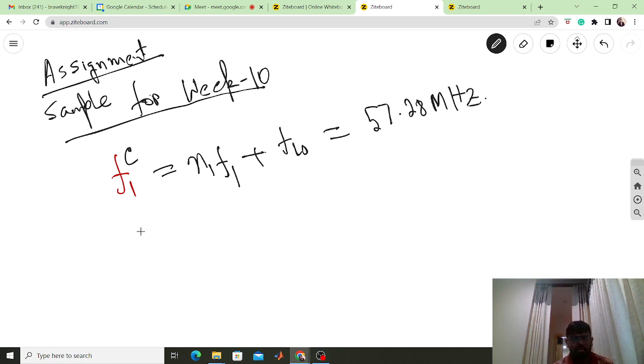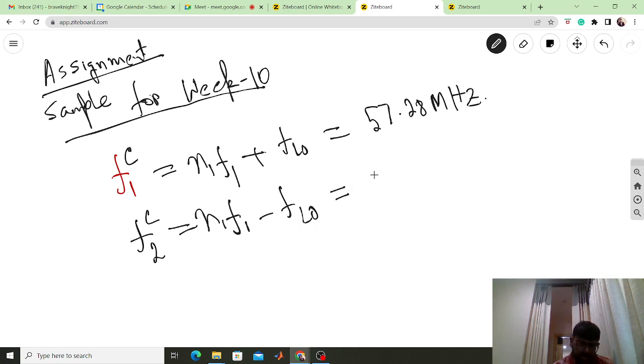Just check with your calculator once. The other one, F2C, will be N1 F1 minus FLO, and that should come around 4 megahertz.